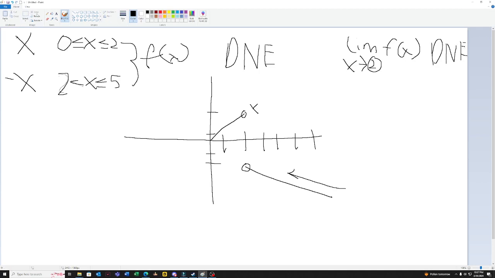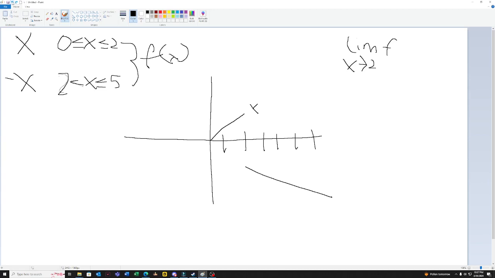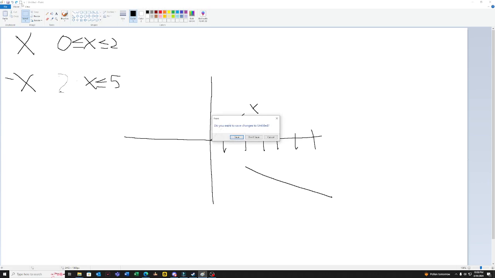Now, if we want to do something a little bit more crazy, we can ask for something different. Let me try blanking my screen. Hold on. Alright, there we go. So let's say we have our graph again.